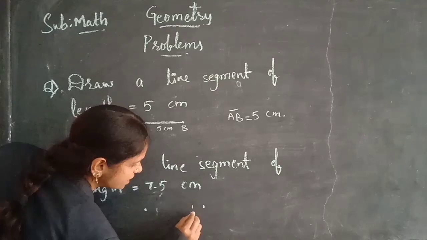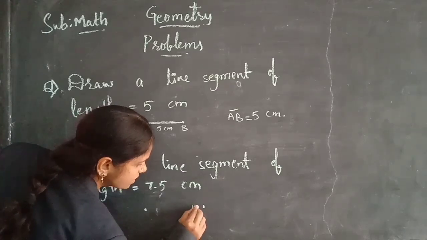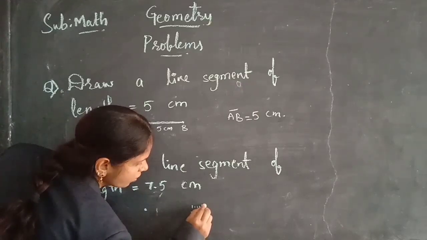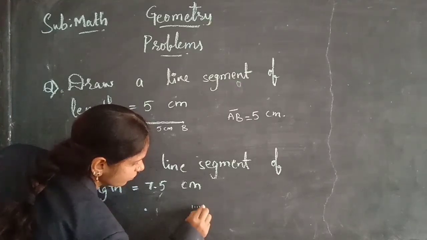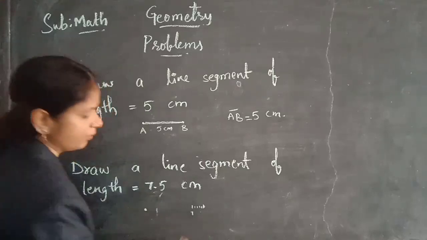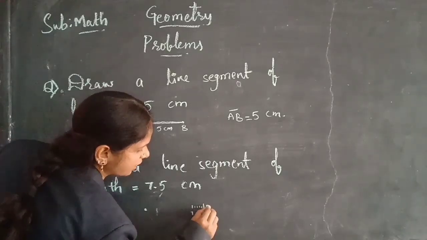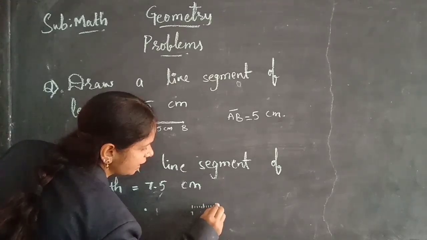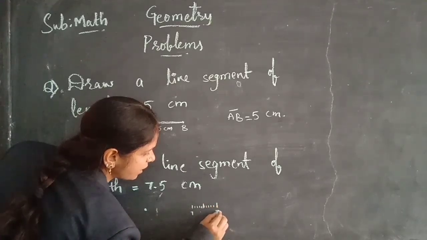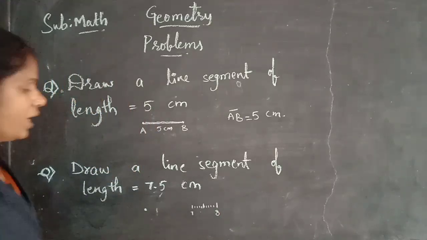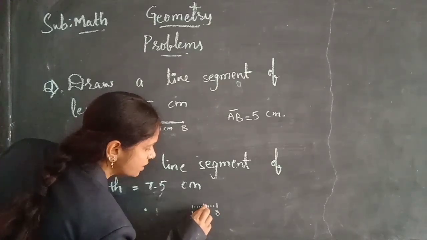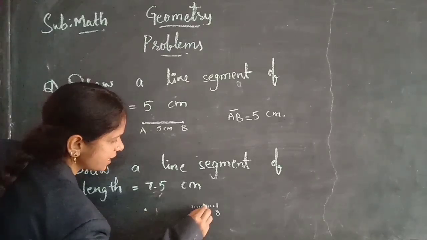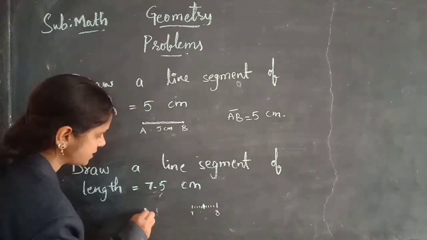Here you can see the 7 and then small lines 1, 2, 3, 4, 5. That means 7 and after the 5th small line. Next 6, 7, 8, 9, 10, the 10th line is the number 8. So 7 and after that small lines at the 5. So now this is the endpoint, the required point, this and this.